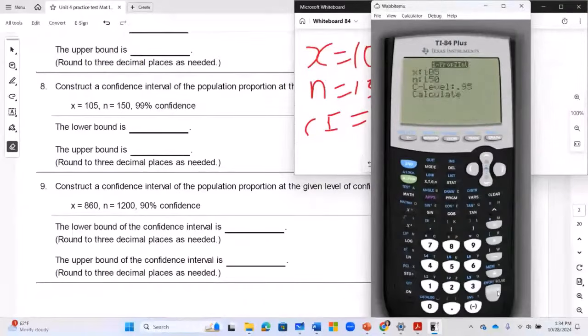And X is 105. The sample size is 150. The confidence level is 0.99. And then I calculate.